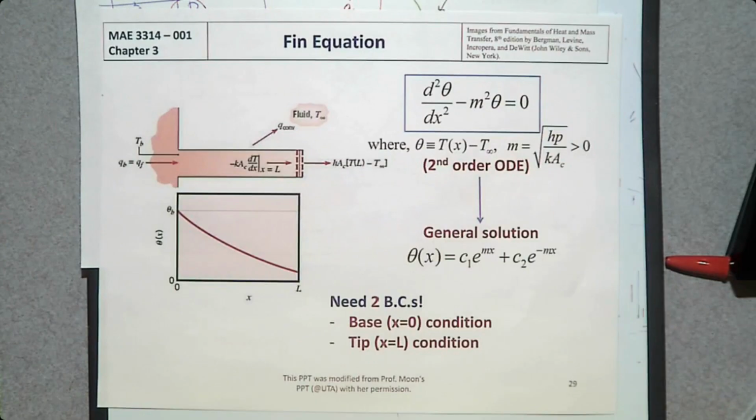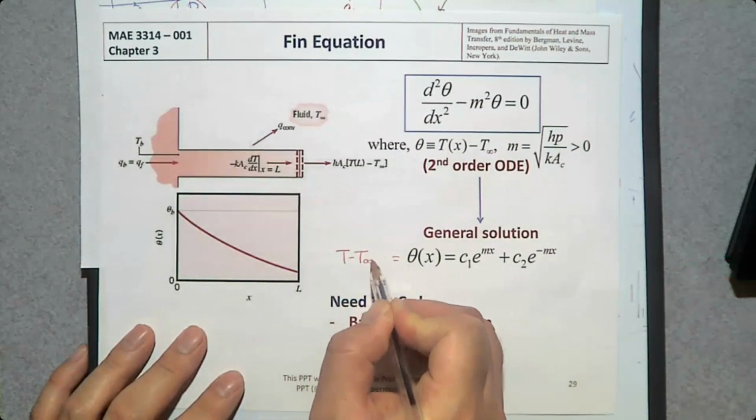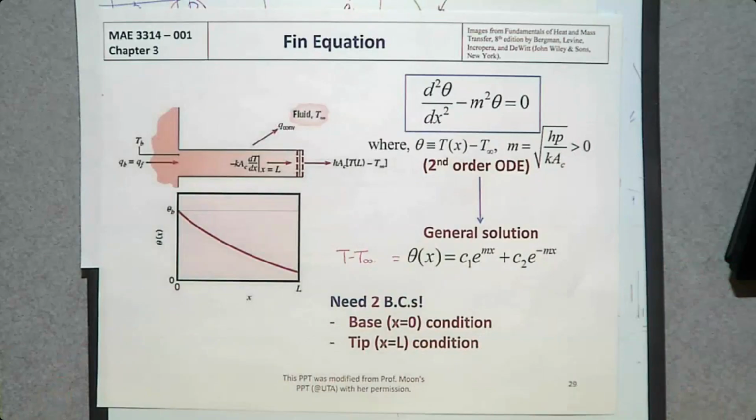And the general solution to this one is going to be theta, which is T minus the surrounding temperature, T infinite, is going to be C1, an unknown constant C1 times e^(mx). By the way, m is square root of hP over kA, plus C2, another constant, e^(-mx). So this is the general solution.